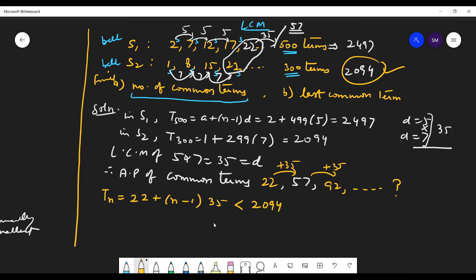Agreed or not? So n minus 1 into 35, and subtract 22 from both sides. So here what do you get? 2462. The last term cannot be greater than 2094 because in S2 your last term is 2094. So a common term cannot be greater than 2094.